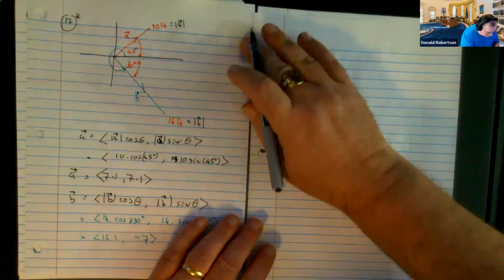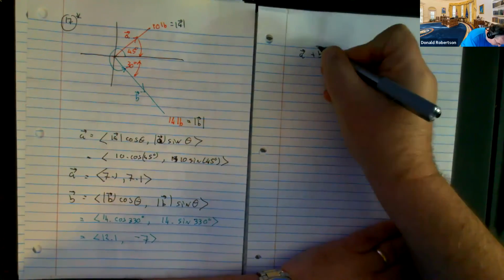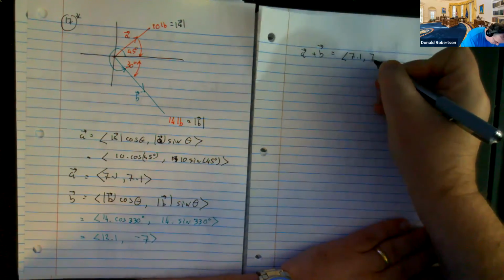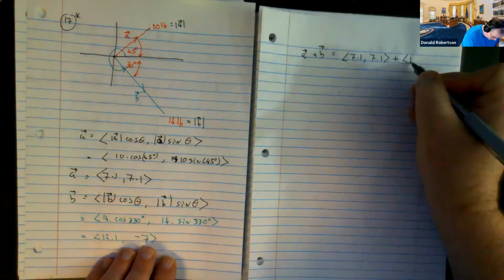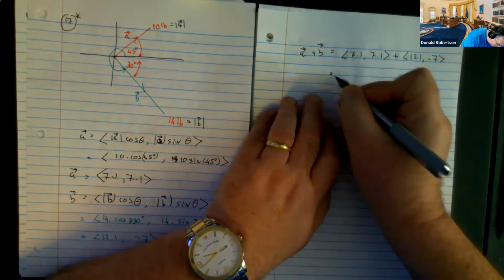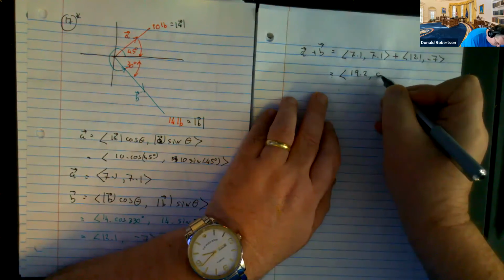So we're being asked to find the magnitude of the resultant force, right? That's what you get when you add these two together. The first vector is 7.1, 7.1, and the second vector is 12.1, negative 7. And that gets me 19.2, 0.1.